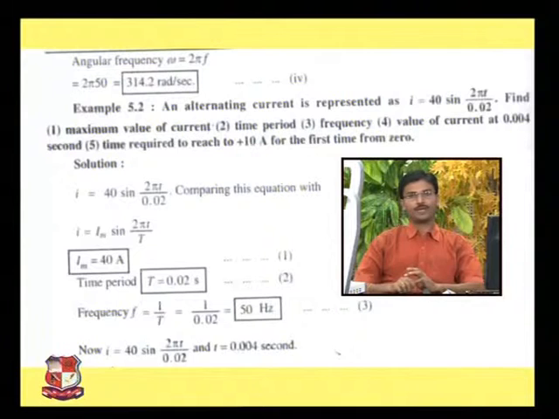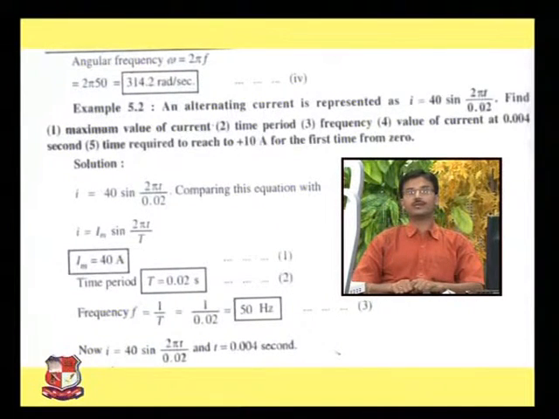Example number 2. An alternating current is represented as i is equal to 40 sin 2 pi t upon 0.02. Find maximum value of current, time period, frequency, value of current at 0.004 second and time required to reach positive 10 ampere for the first time from 0. i is equal to 40 sin 2 pi t upon 0.02.